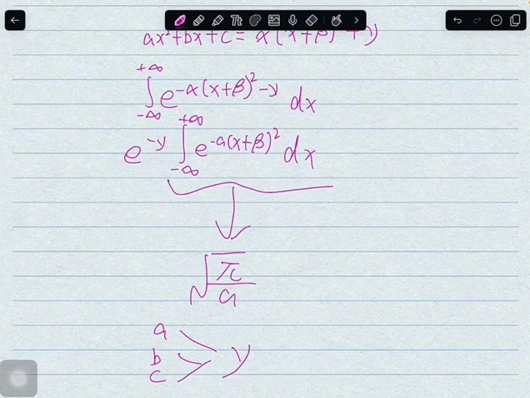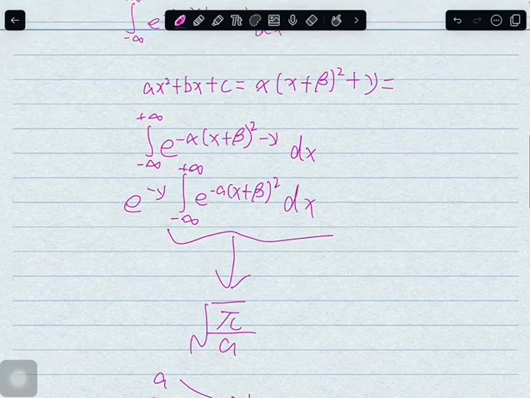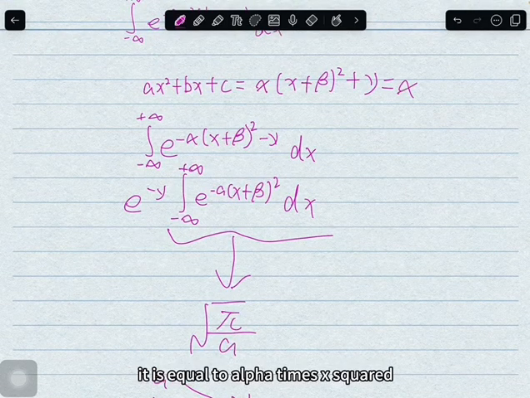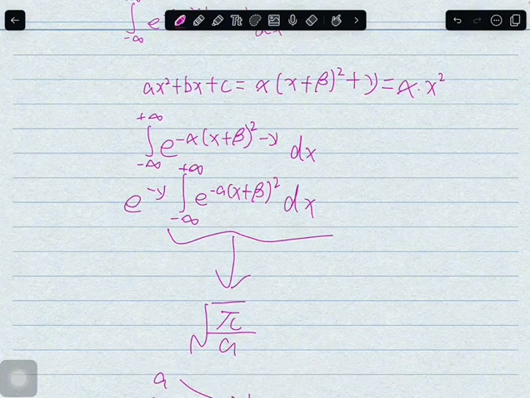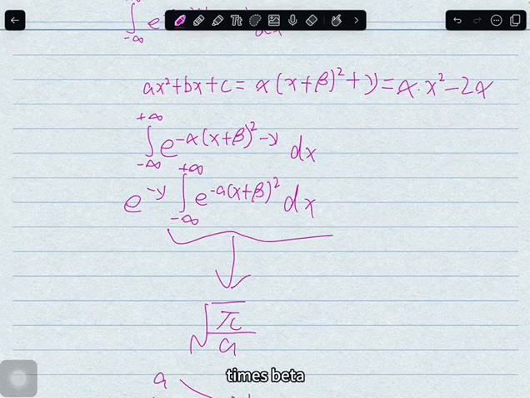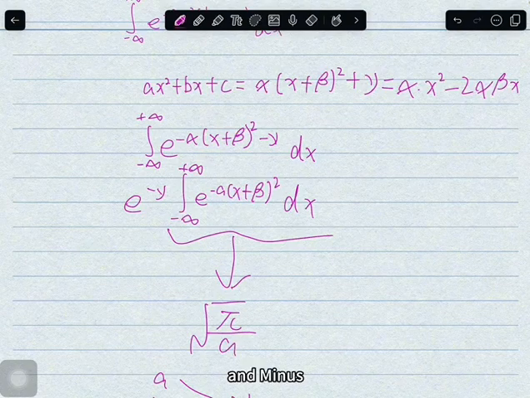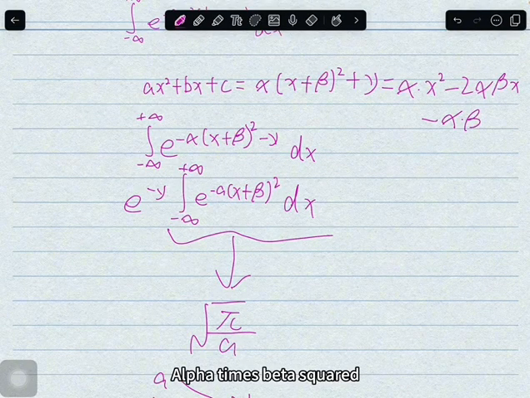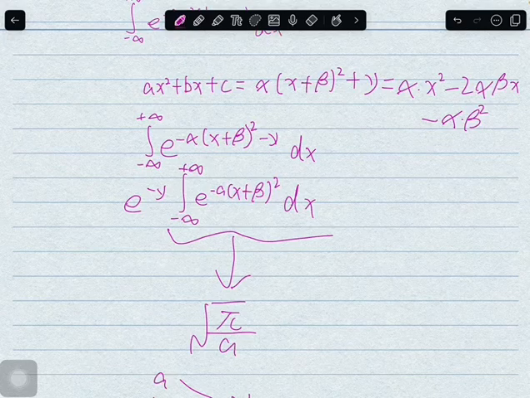Let me write. It is equal to alpha times x squared, negative 2 alpha times beta times x, and minus alpha times beta squared, and minus gamma.